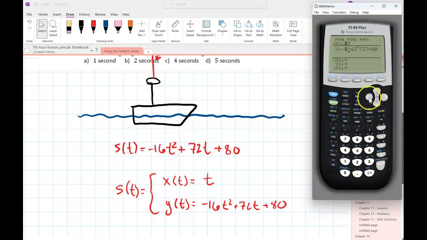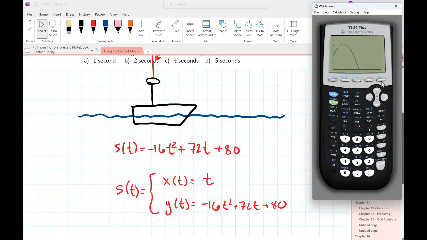Uh-oh. Missed a plus sign there. Okay. Go to my window. What did we do? We did like 10 seconds or something. X is the same as t, so I'll make that 0 to 10 also. Y, we did 0 to 200, so that looks good. If I hit graph, I get the exact same picture, right?